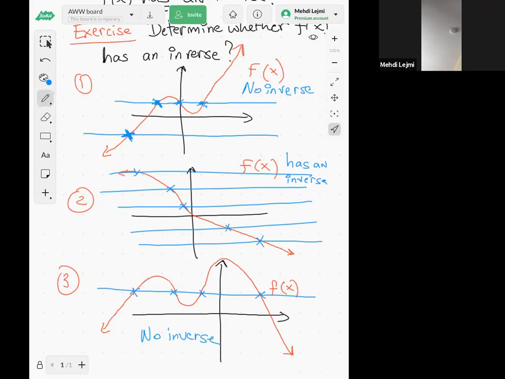You know how to check whether two functions are inverse of each other, how to find the inverse of a function using equations, and if you have a graph, how to check whether the function has an inverse. So we are done with chapter 1. That's the last section in chapter 1. The whole chapter 1 is going to be in the test. And now we can move to the next.